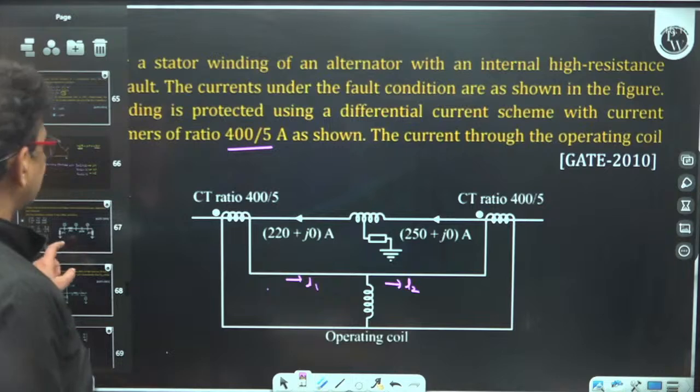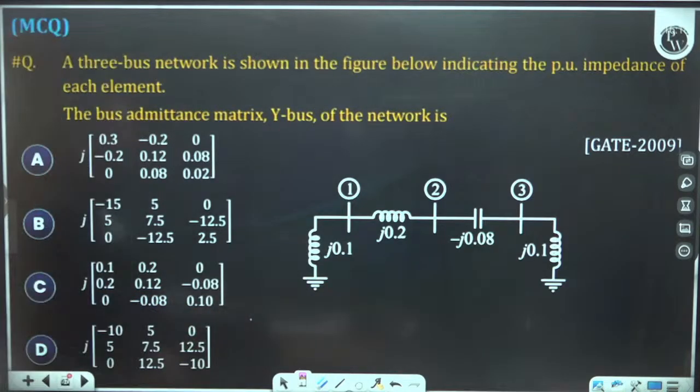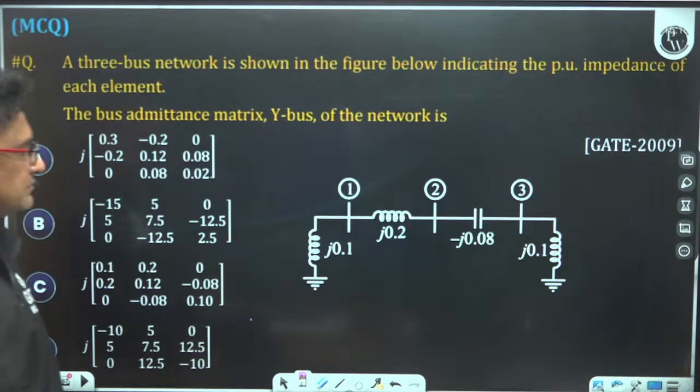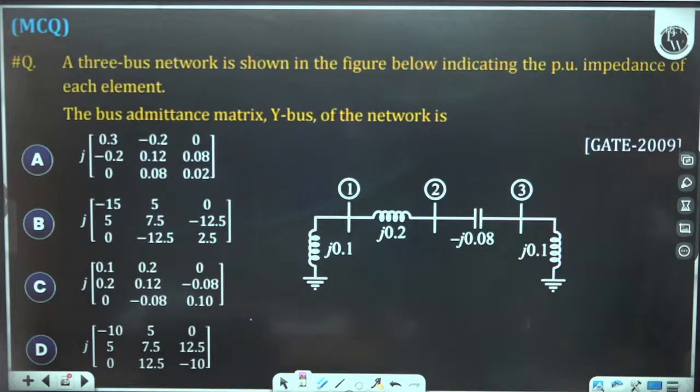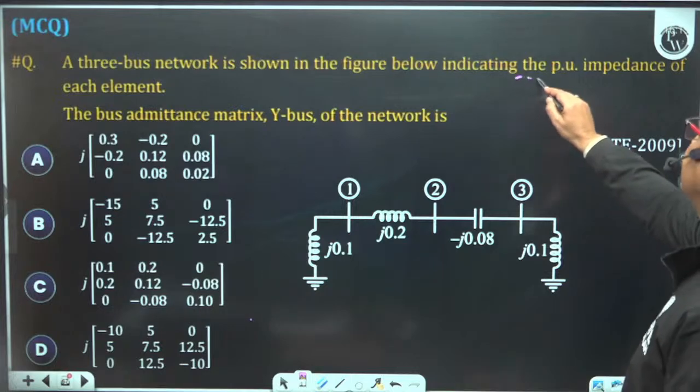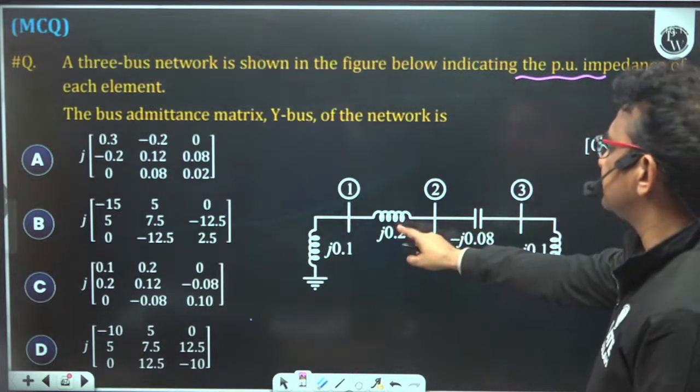Let's do one more question. This is from the admittance matrix. The three bus system is given. You have to find out the admittance matrix. The figure indicates the PU impedance. This is the impedance, not the admittance.